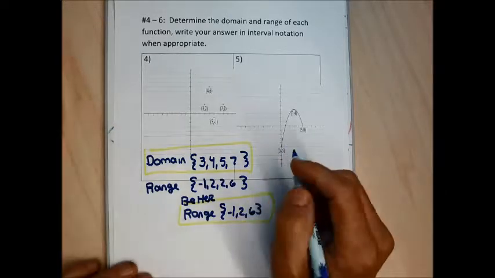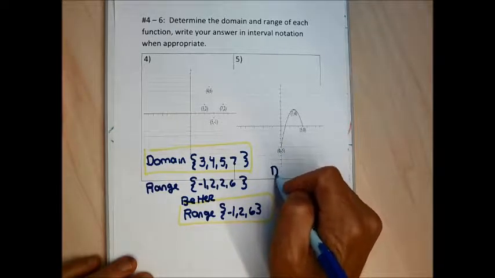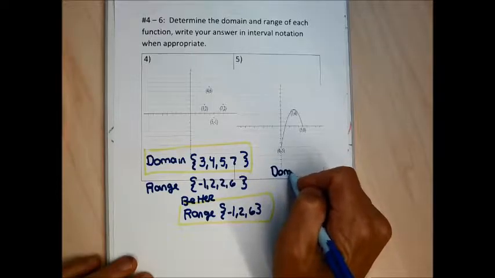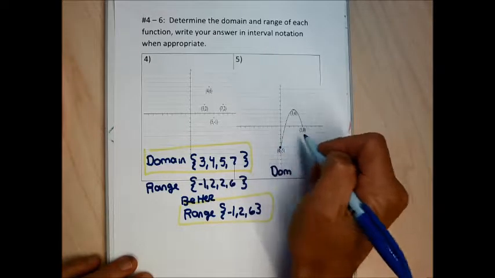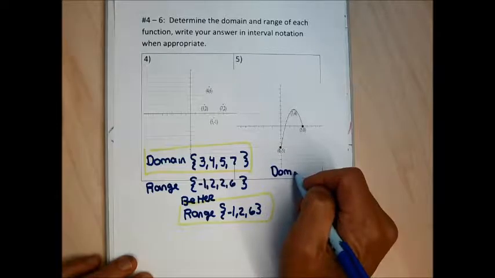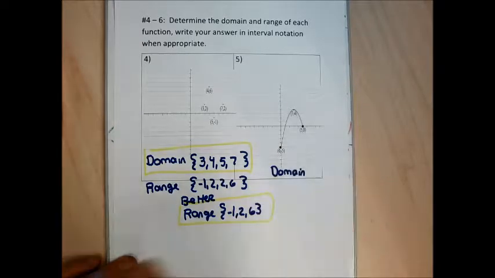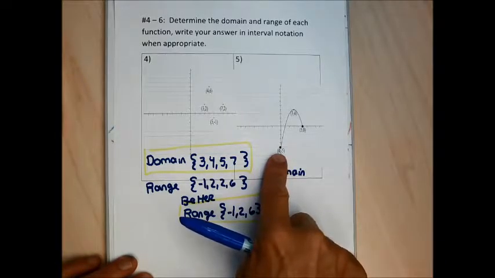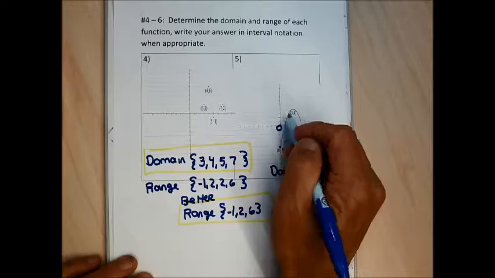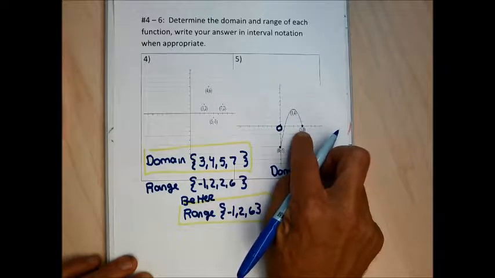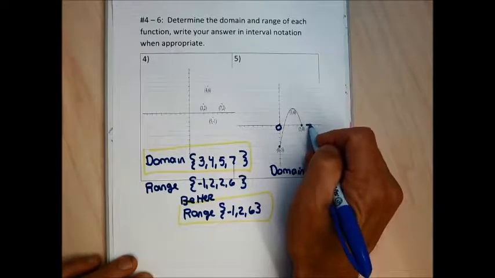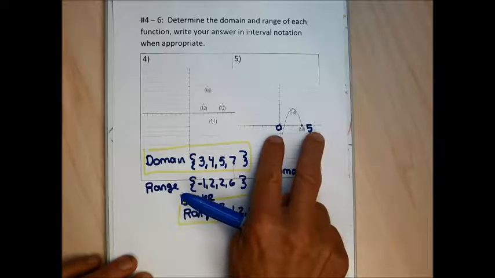In problem 5, to find the domain and the range, I'm going to use interval notation. And the nice thing about problem 5 is both edges of the graph are marked with a point. So this is the kind of graph that doesn't need to be extended. To find the domain, I'm going to take the x-coordinate of the far left point and the x-coordinate of the far right point and write them on the x-axis, next to the points.